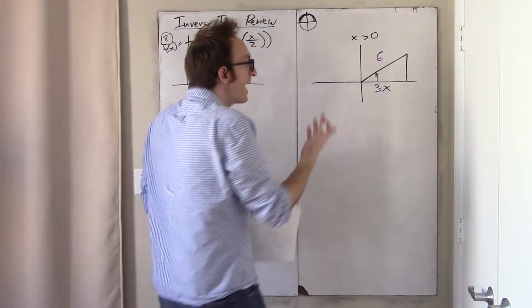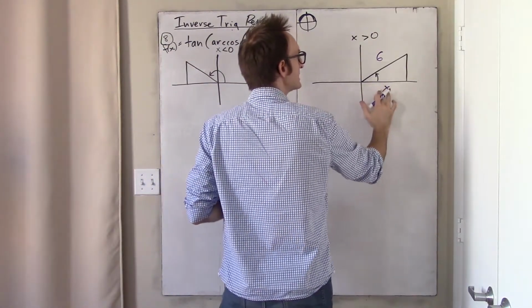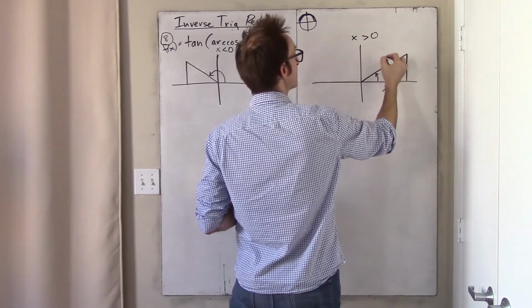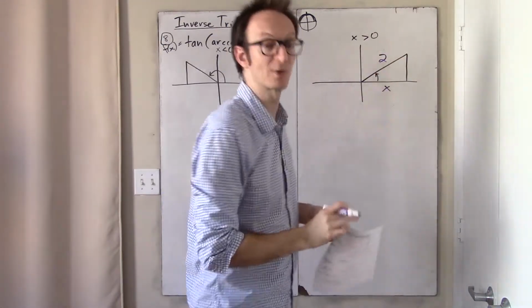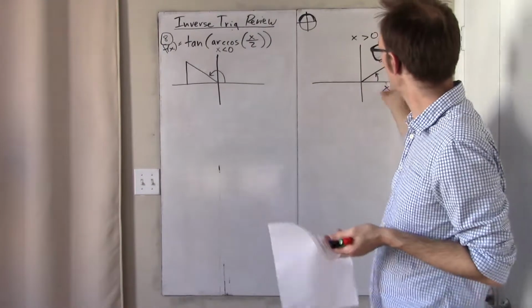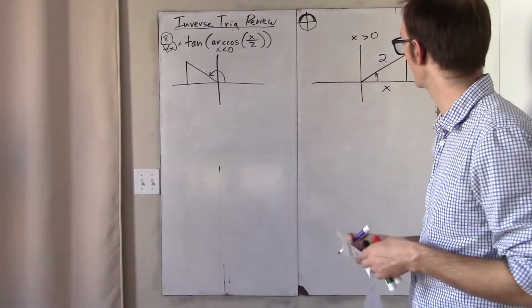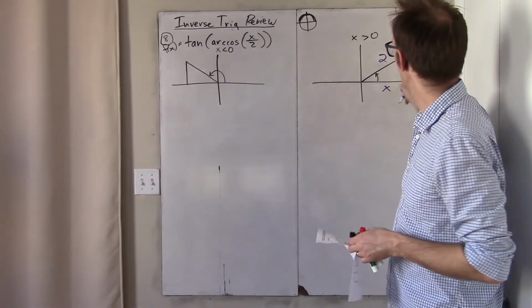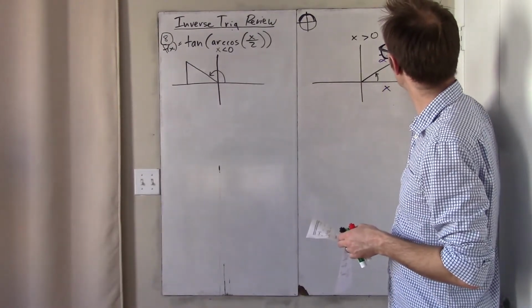So you really do have some choice, and because whatever choice you make, the triangles are similar, it doesn't matter. But in this case, the simplest thing to do is just say x over 2. Hopefully that's clear.